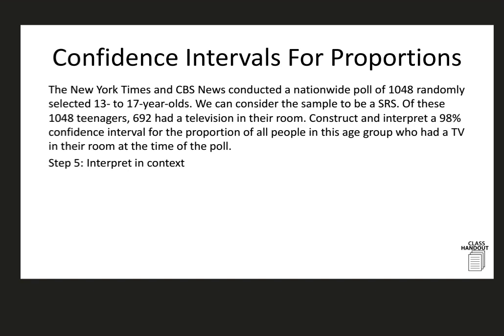So lastly, interpret in context. To interpret in context, we're going to start with: we are 98% confident that, and then we're going to look at step 2 where we defined the parameter, the true proportion of teens.